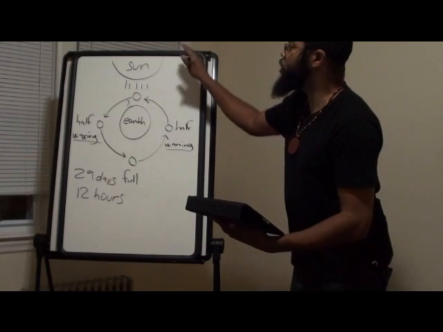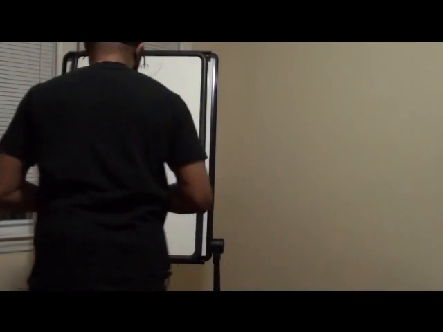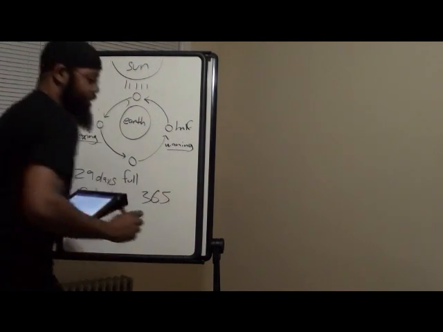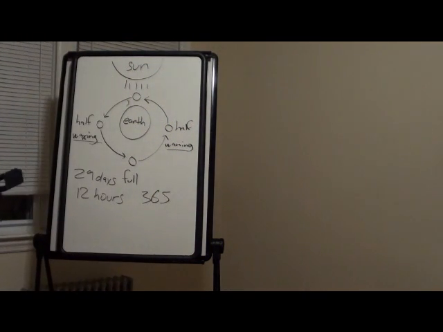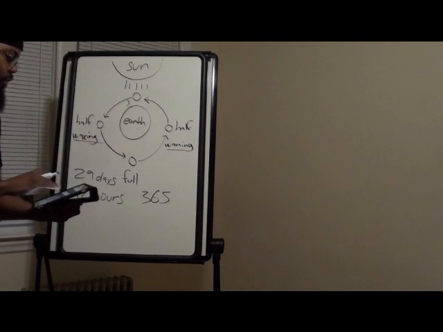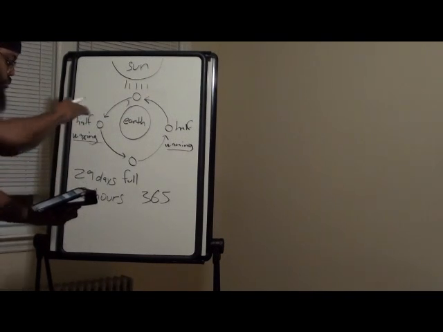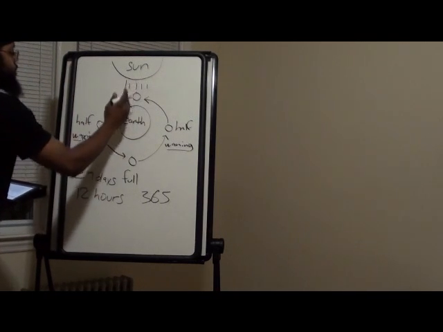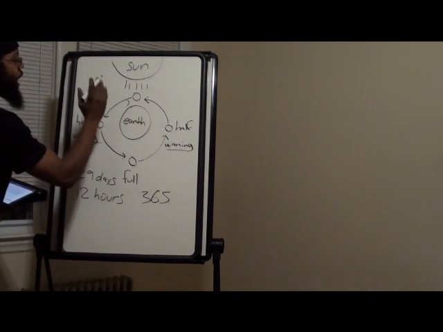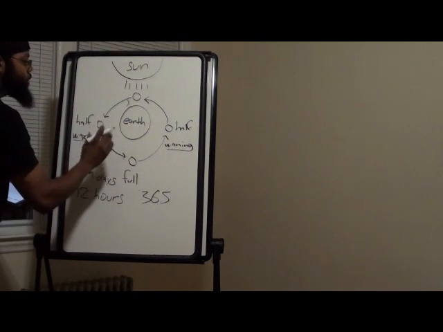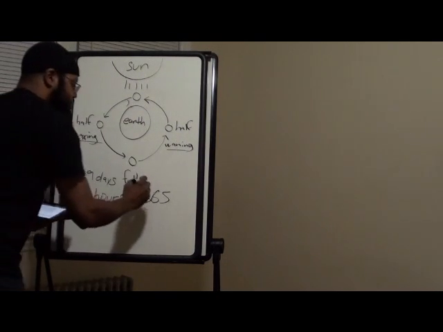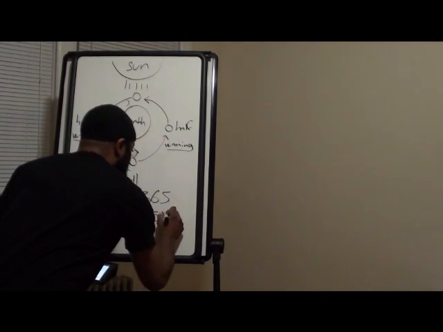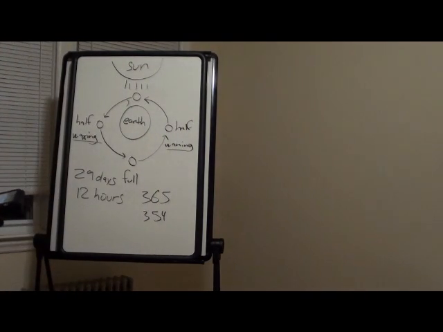When the earth is going around the sun, it takes 365 days. Okay? And as the moon orbits the earth, by the time it gets from the vernal equinox and all the way back down to the vernal equinox, referring to the earth, it takes the moon 354 days.